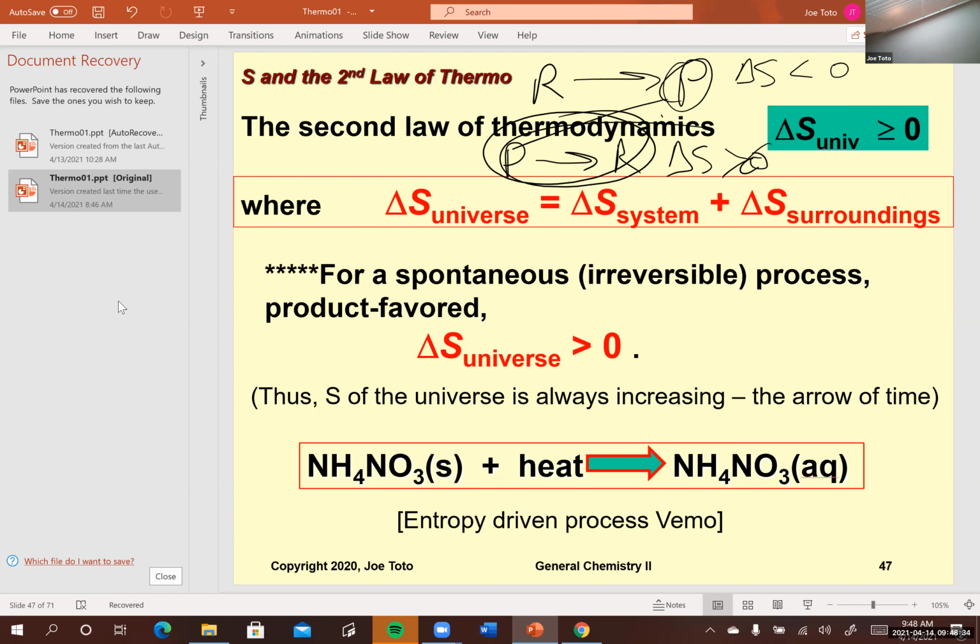So to sum up, if something is predicted to be non-spontaneous in one direction, that implies that it's spontaneous in the opposite direction. Okay. All right. So anyway, we introduced this equation, the second law of thermodynamics, and the equation that embodies that second law.